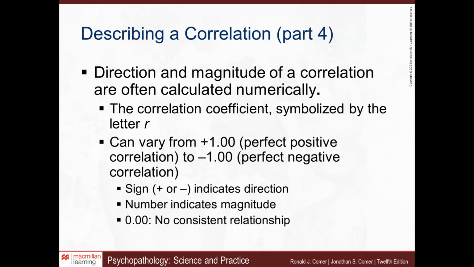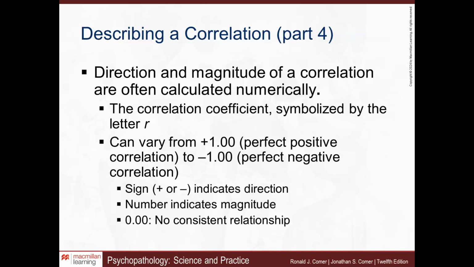It's usually symbolized in research by the letter R, but it can vary from +1, which is a perfect positive correlation, to -1, perfect negative correlation. So the sign, positive or negative, indicates the direction.